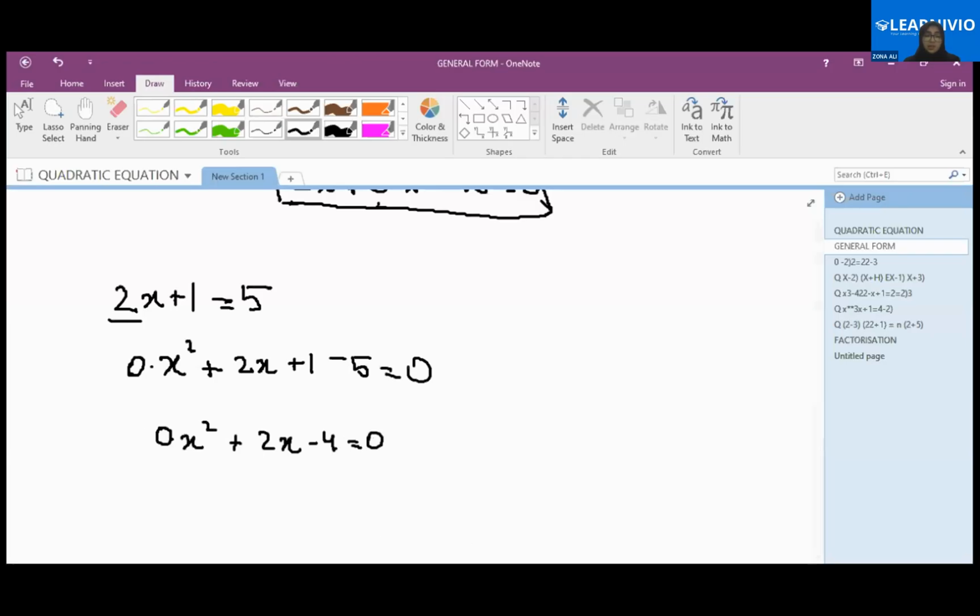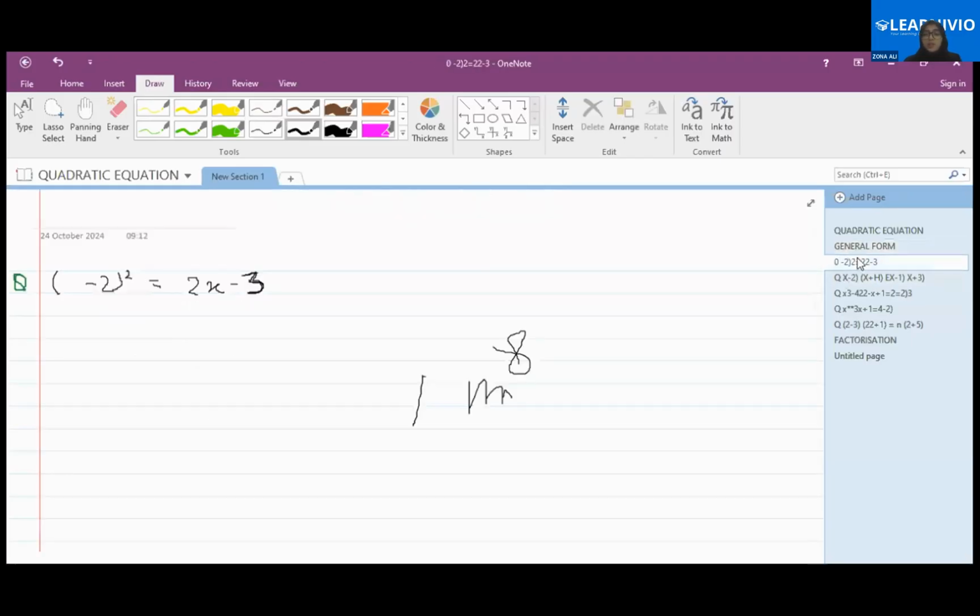Hello, Ayan. Yes. Okay. Now there are questions where you have to check whether the equation is quadratic or not. So here it is x minus 2 whole square. Do you remember the identities?